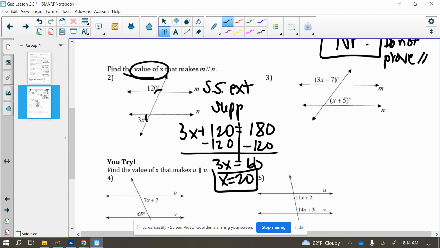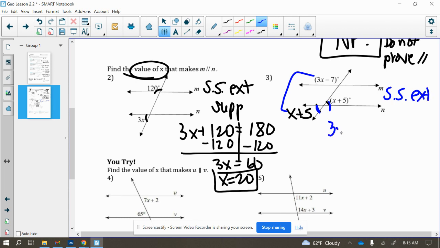Now, careful on number 3, we are given these angles here. Again, there's no direct relationship between these two. They're not corresponding. One's on the exterior, one's on the interior. But what we could say is, for instance, I know x plus 5 would be the measure of this angle out here because these are vertical. And then now these are same side exterior angles.